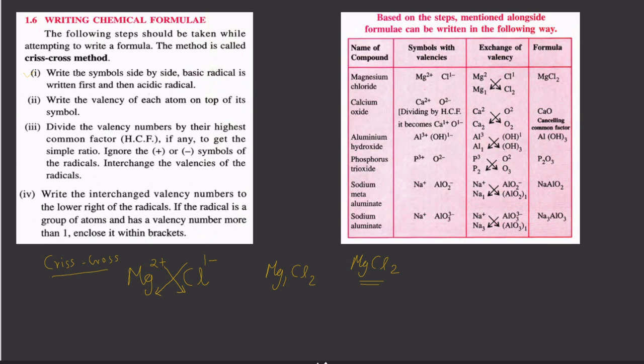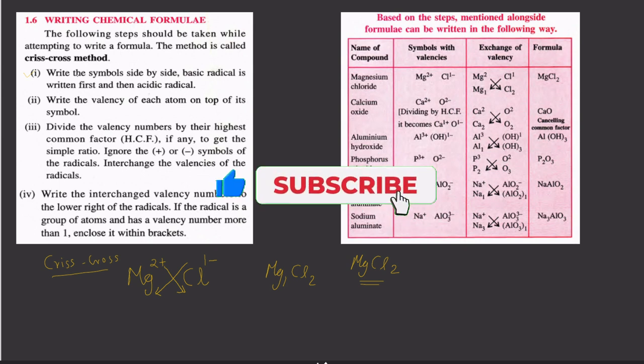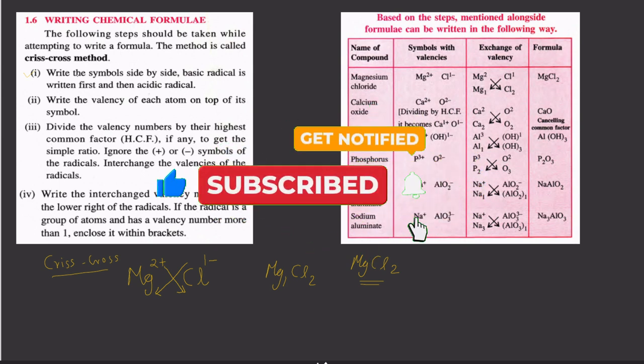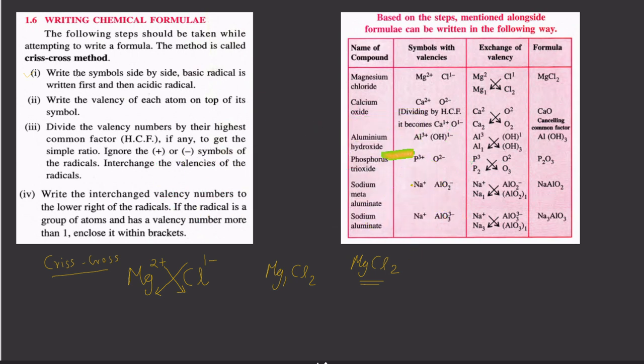Another important thing we have to take care of is, first we write the basic radical followed by the acidic radical. The basic radical is always positive, so we write it first, and then we write the negative or acidic radical second. Then we write the valency of the elements above it. After that we interchange the valency and write the product here. Is it clear till here? Hope you are clear with this.